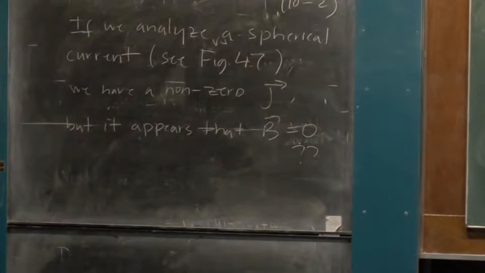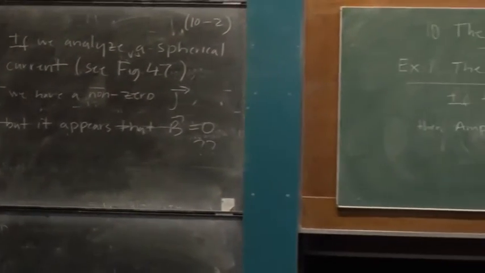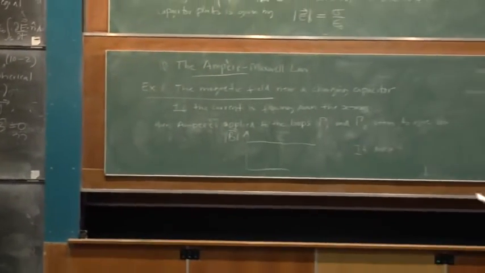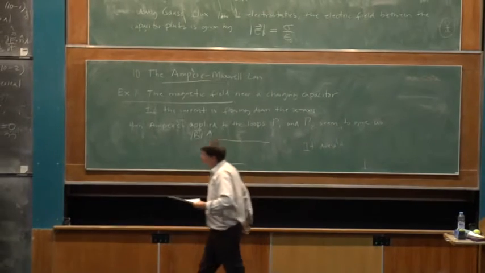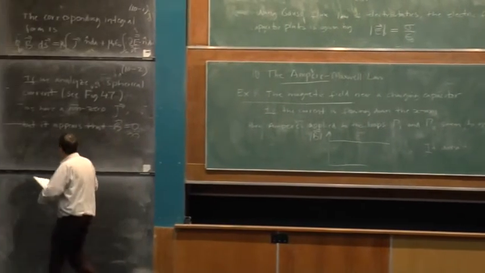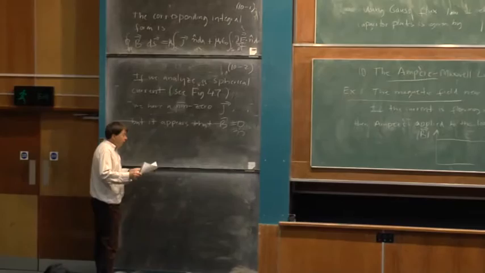So how does the Ampere-Maxwell law help us out on this occasion? Well, being as I decided to redo this in terms of the spherical current at the last minute in terms of the differential law, I'll just check this out.